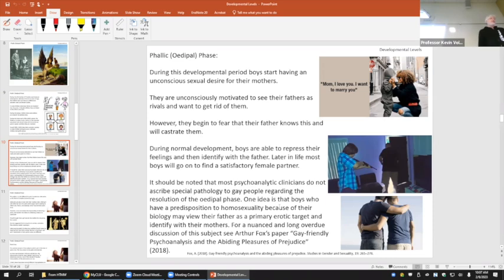It should be noted that most psychoanalytic clinicians do not ascribe special pathology to gay people regarding the resolution of the Oedipal phase. Another important thing. One idea is that boys have a predisposition to homosexuality because their biology may view their fathers as a primary erotic target and identify with their mothers. And for a nuanced and long overdue discussion of this, you should see Arthur Fox's paper, Gay-Friendly Psychoanalysis: The Abiding Pleasures of Prejudice.